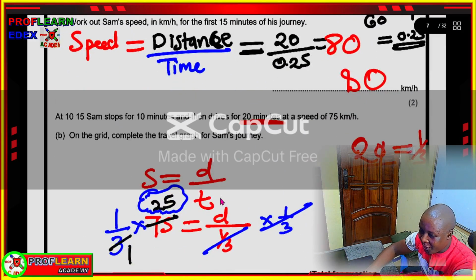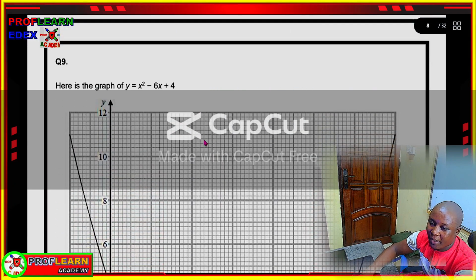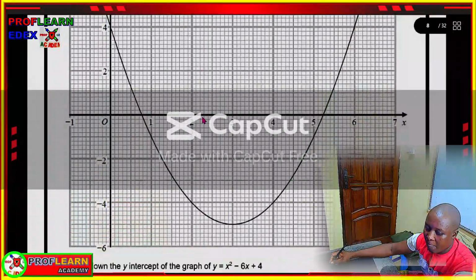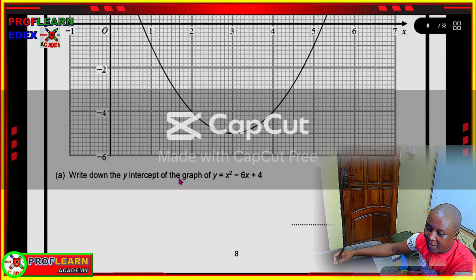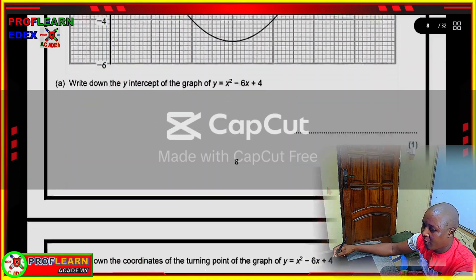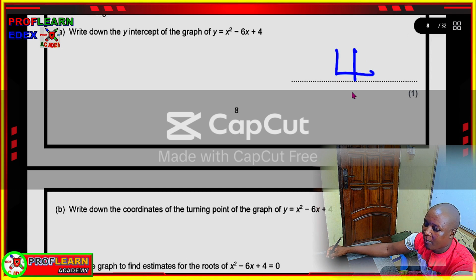Yes, so for those who are taking the foundation paper, we have question number 9, and we are told that here is a graph of x squared minus 6x plus 4. Write down the y-intercept of the graph. The intercept of the graph is this value that we have here, and that is going to be 4. Write down the coordinates of the turning point.